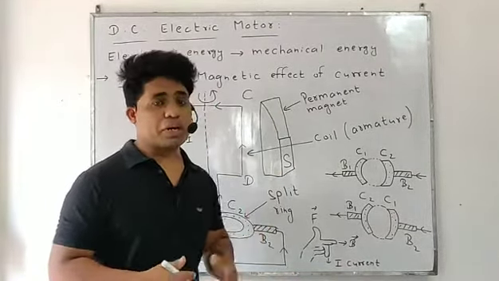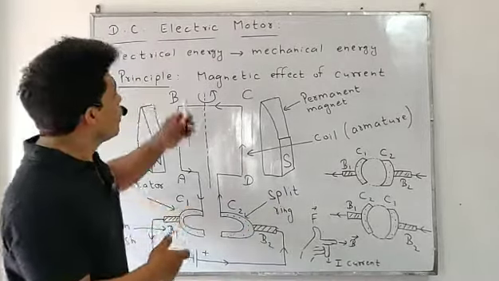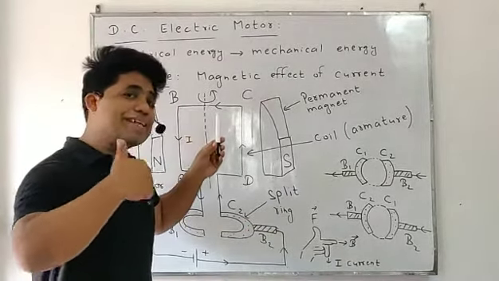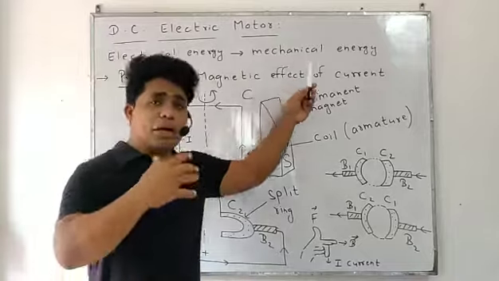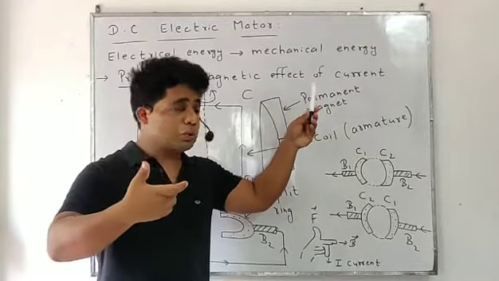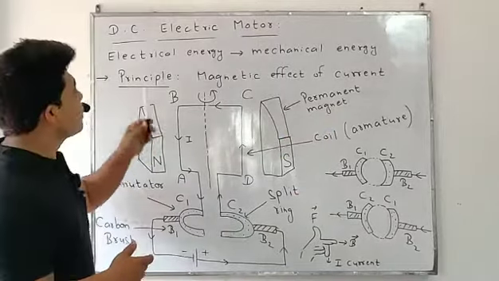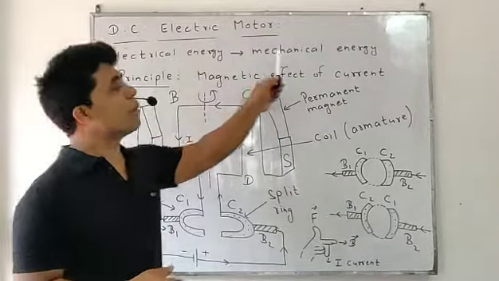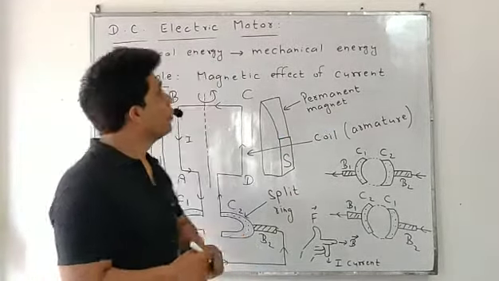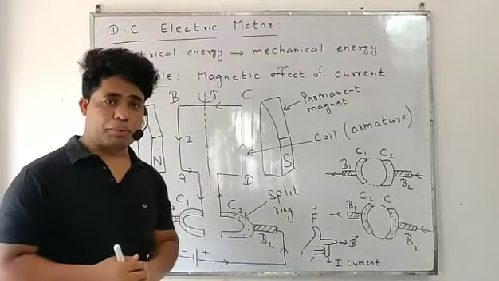The pump starts rotation motion. In this way, when we switch on, that is electrical energy. In the motor, the pump starts rotation motion, and that is said to be mechanical energy. So the device which converts electrical energy into mechanical energy is said to be a DC electric motor.